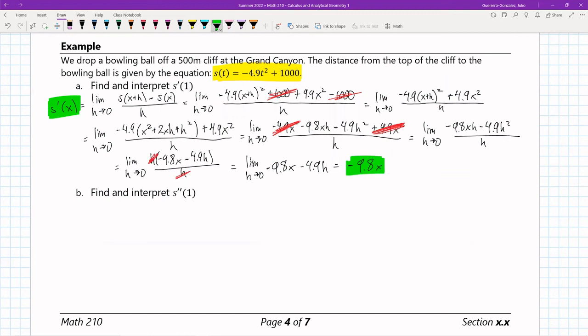Got it? Okay, so now that we have this, we get to find, I know this is really long, s prime of 1.